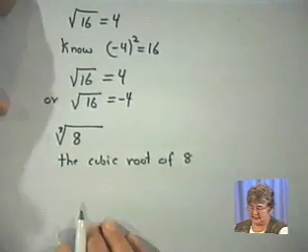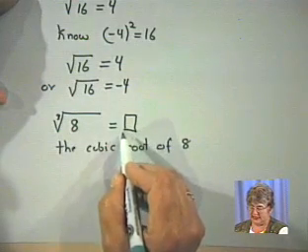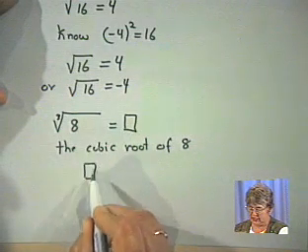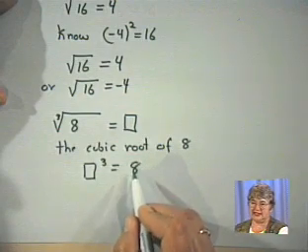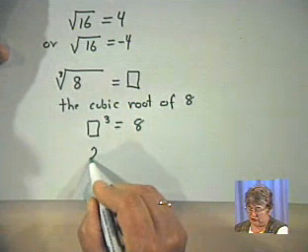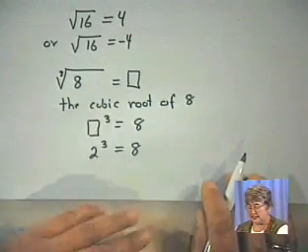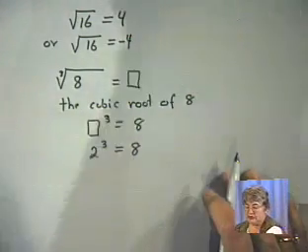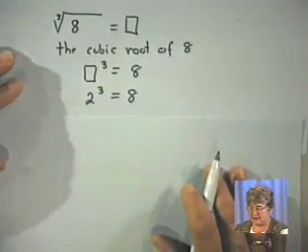What I want in this case is a number whose cube, if I cube that box, I end up with 8. Well, as you well know, if we take 2, we can say that the cubic root of 8 is equal to 2, because when I cube the 2, I end up with 8.